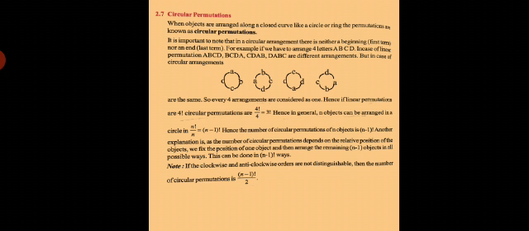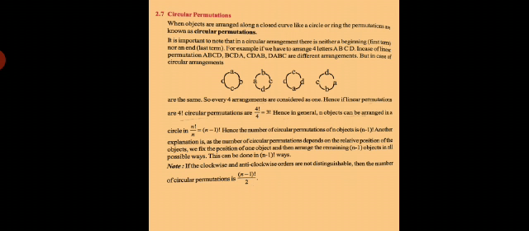Another explanation is, as the number of circular permutations depends on the relative position of the objects, we fix the position of one object and then arrange the remaining n minus 1 objects in all possible ways. This can be done in n minus 1 factorial ways.